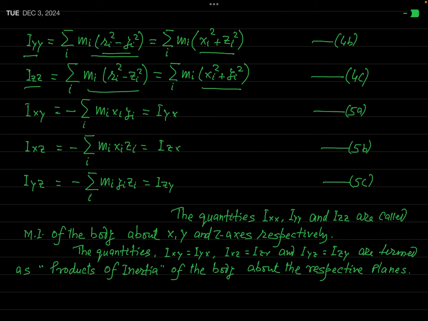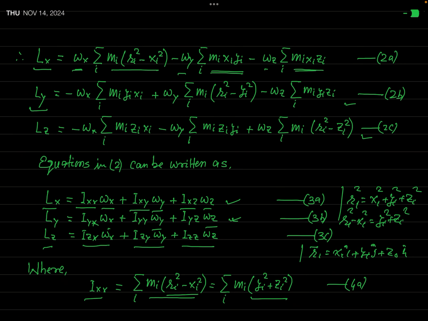Okay? And as you have seen earlier, this Ixy has been written as minus summation over i of mi xi times yi. But see, the expression for Iyx is minus summation over i of mi yi xi.